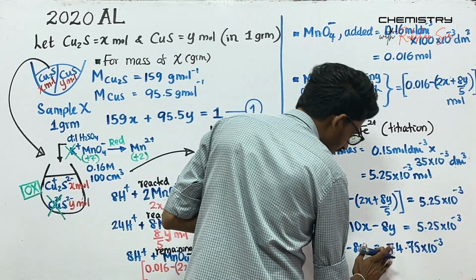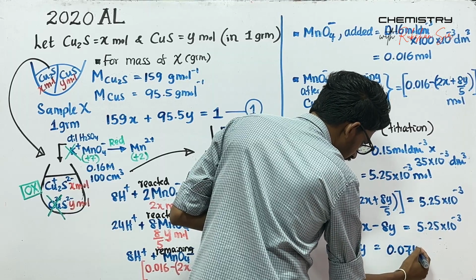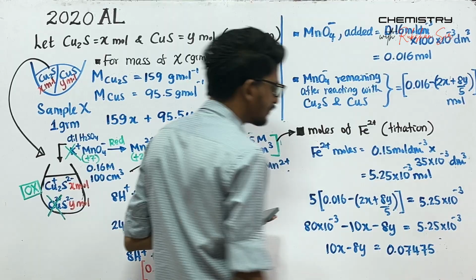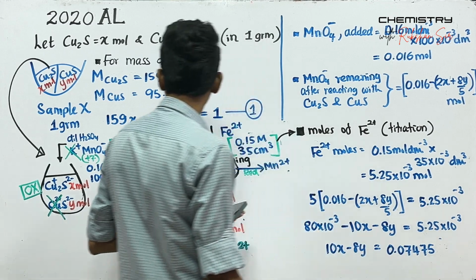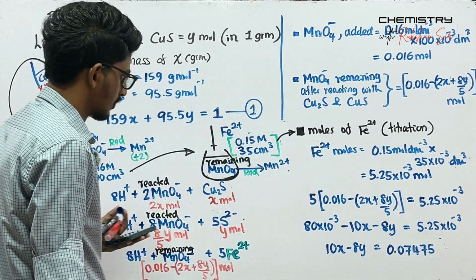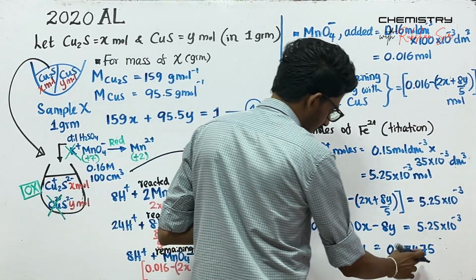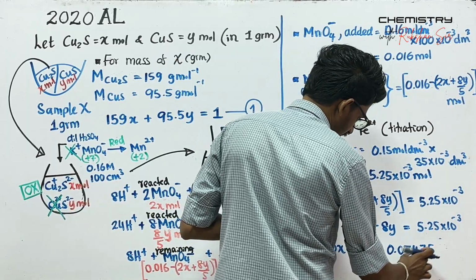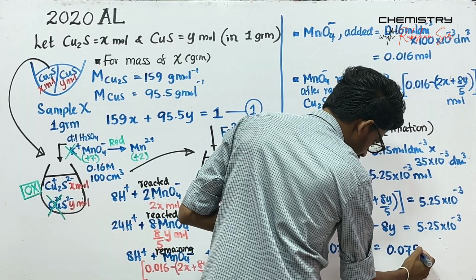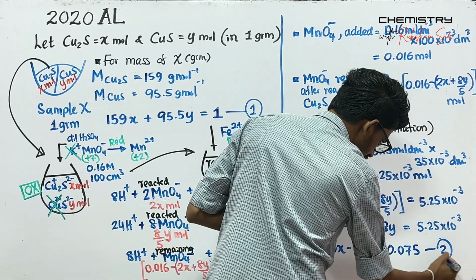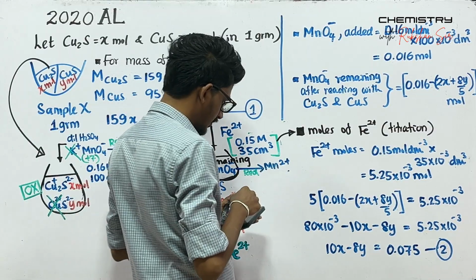We can write this thing as 0.07475, right? Okay, that is your second simultaneous equation. So one can take this as 0.075. There is no worries, right? So those are the two simultaneous equations, right?